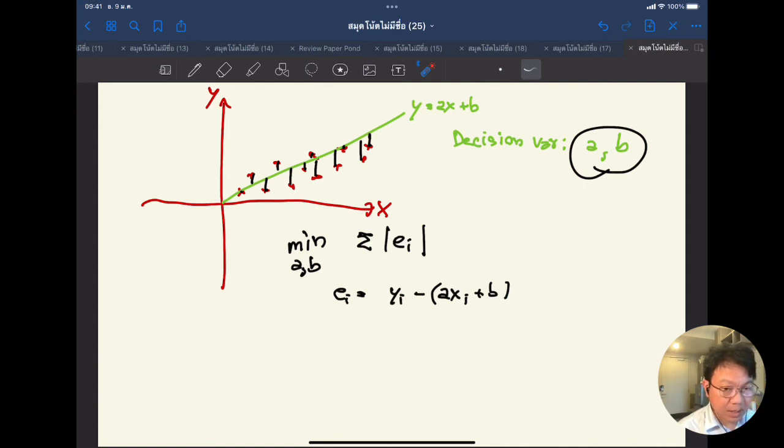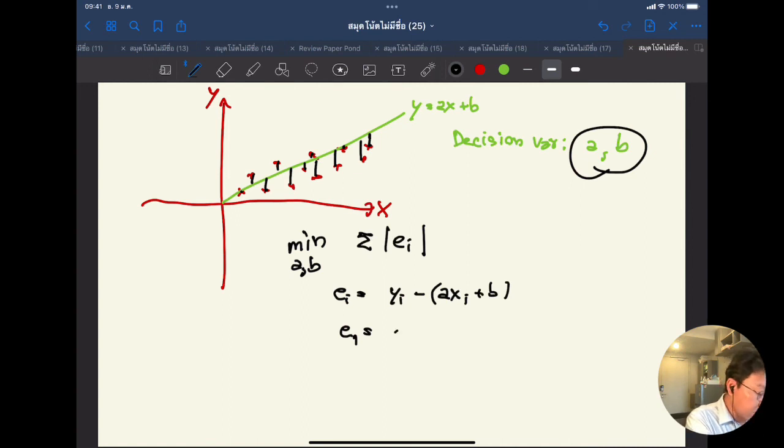So I think you can write it by yourself, right? I can write some examples of this EI, because you have to substitute this expression with the real values from the data set given in the table.